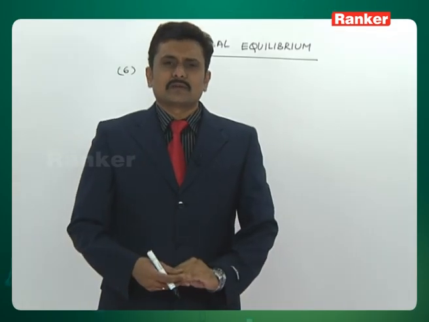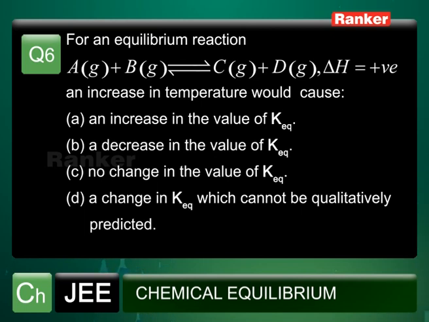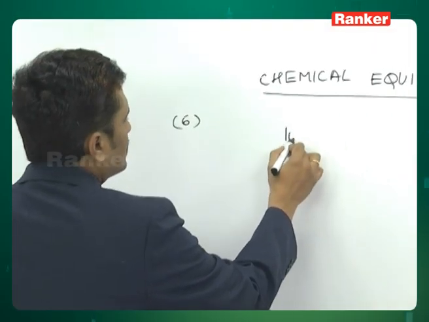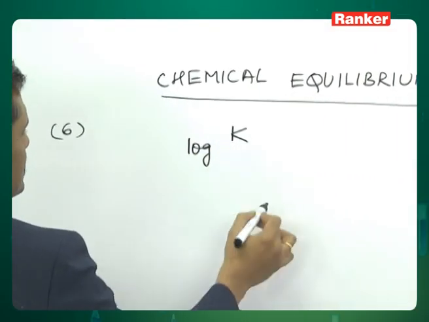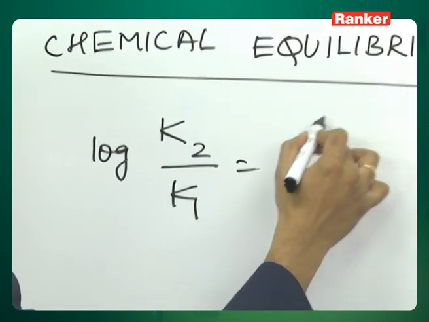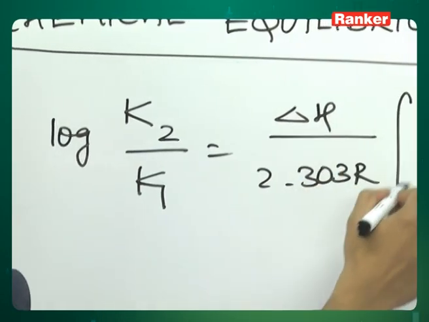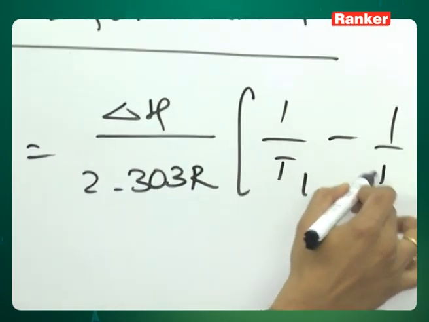Now we have an equilibrium reaction, the gas phase, which is endothermic in nature, and it is asked to determine what happens if there is increase in the temperature to the equilibrium constant. So you have been given equilibrium case where we all know that the relationship between the equilibrium constant and temperature is being taken as log K2 by K1 is equal to delta H upon 2.303 R into 1 by T1 minus 1 by T2.